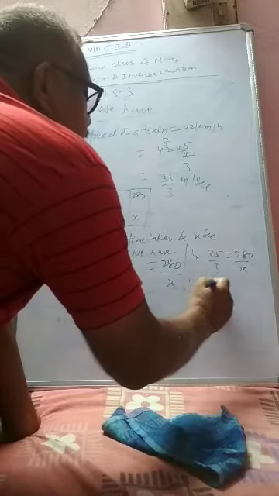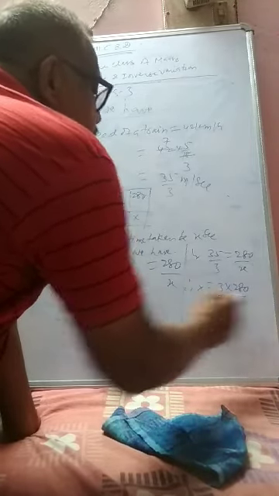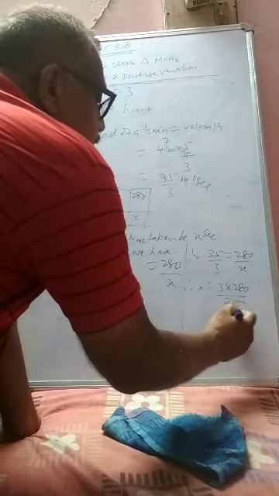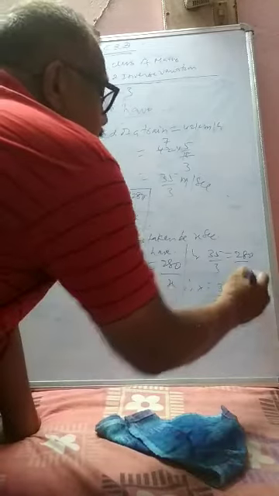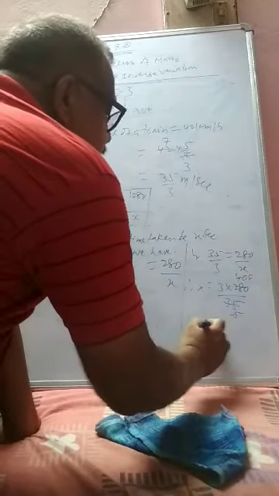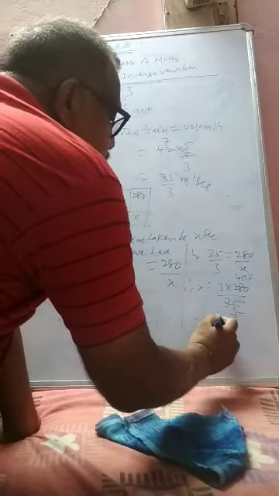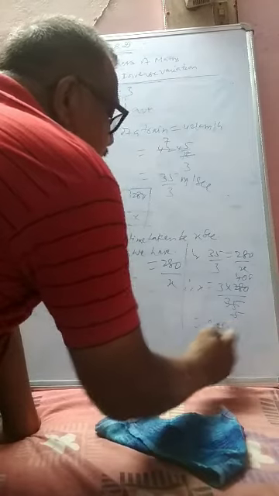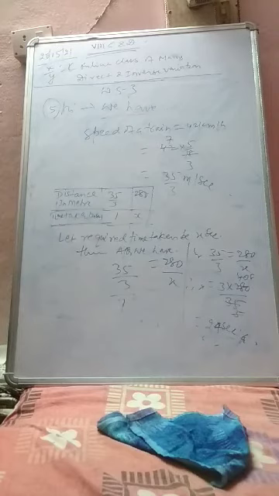Therefore x is equal to 3 into 280 by 35. 7 5 is 35, 7 4 is 28, 40, 5 8 is 40, 8 3 is 24. Required time will be equal to 24 seconds. It is your answer. Required time taken will be equal to 24 seconds.